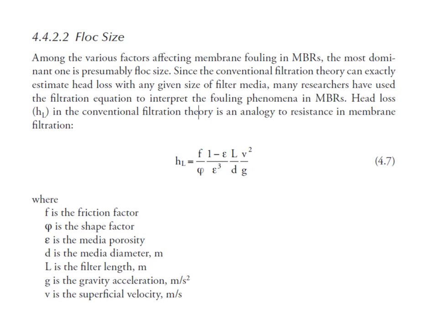In fact, if you look at this equation, the head loss in conventional filtration theory is given. So the head loss is a function of friction factor, shape factor, media porosity, media diameter, filter length, gravity acceleration, and superficial velocity.